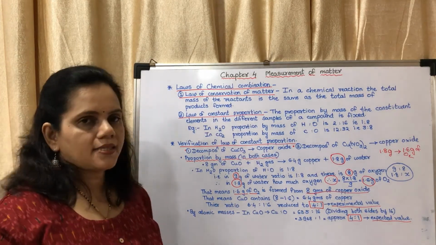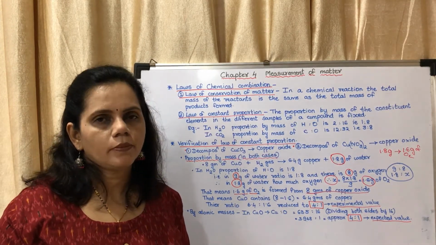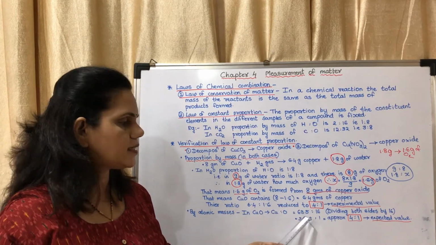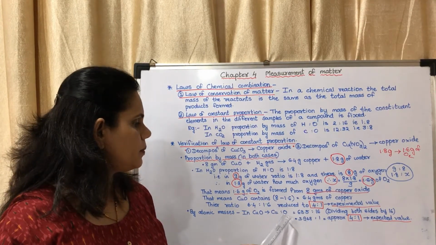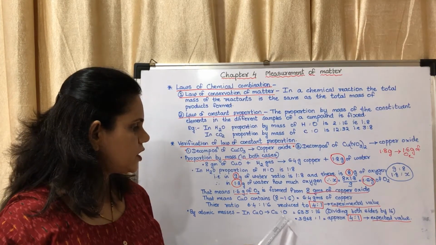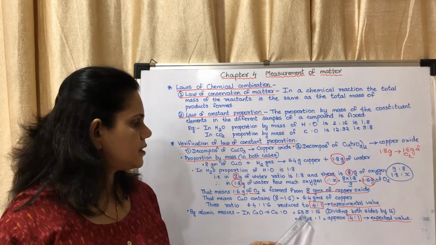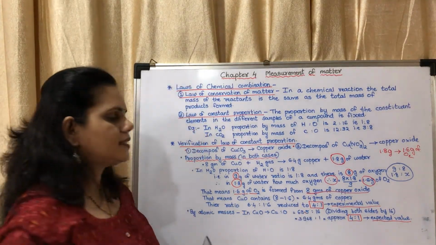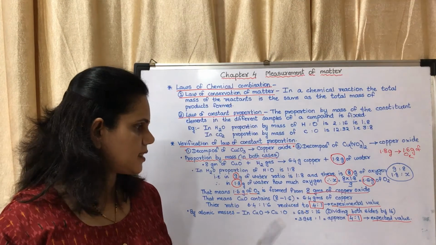By atomic masses, the atomic mass of copper is 63.5 and the atomic mass of oxygen is 16. So what will be the ratio of Cu to O? It is 63.5 is to 16.